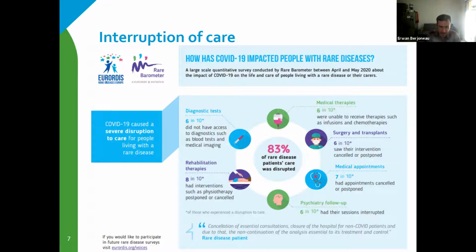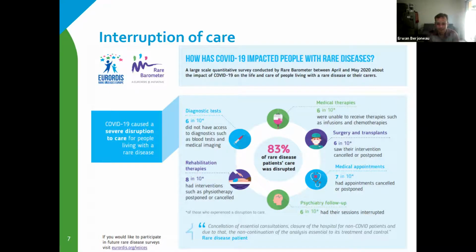So every time it is displayed as such: you have on the very top the title, how has COVID-19 impacted people living with rare disease? There is then a small sentence that puts context to these infographics. It says a large-scale quantitative survey conducted by Rare Barometer between April and May 2020 about the impact of COVID-19 on the life and care of people living with a rare disease or their carers.